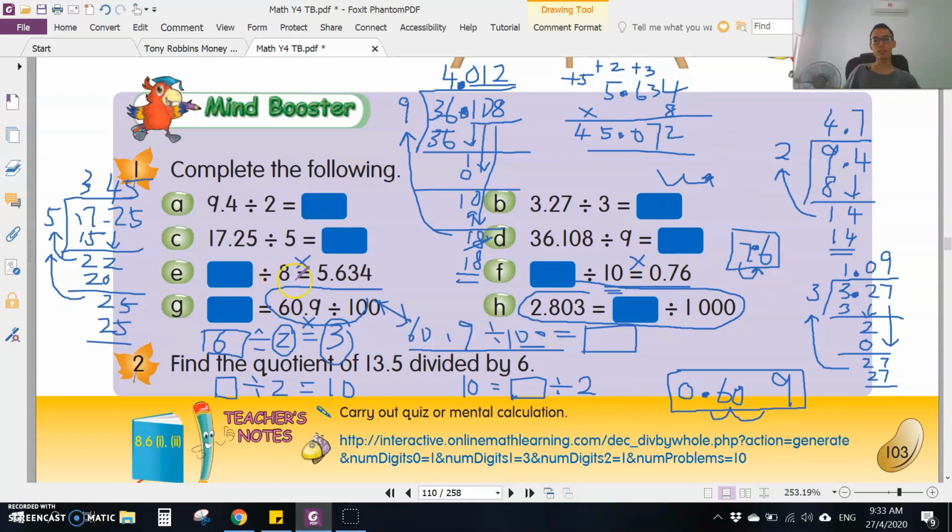So you just have to times the last two numbers. So 10 times 2 is 20. So 20 divided by 2 is 10. So in other words, you can take these two numbers, the first and the last number, and then you just times them. Okay? So 2.803, you times 1,000.